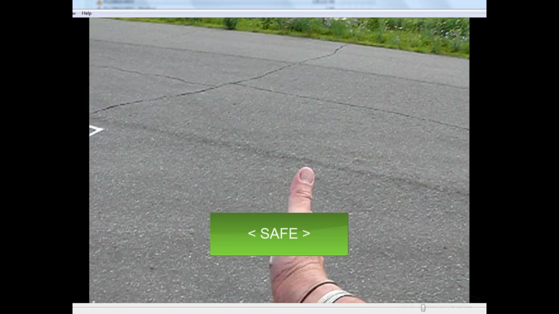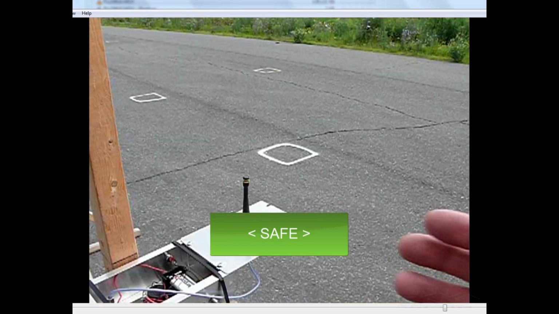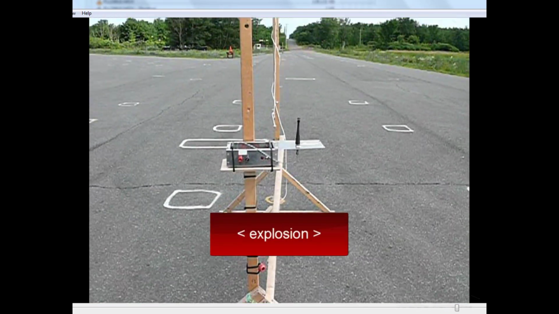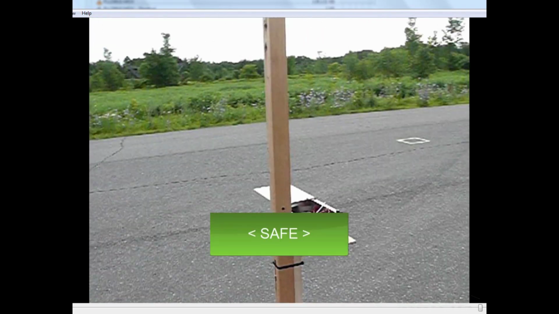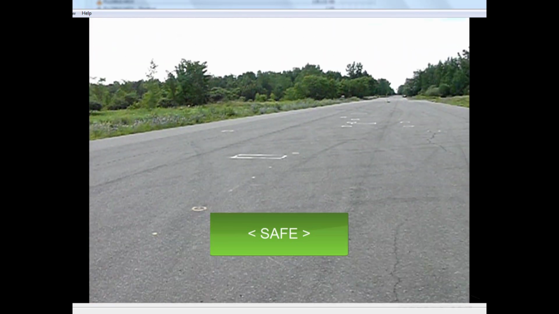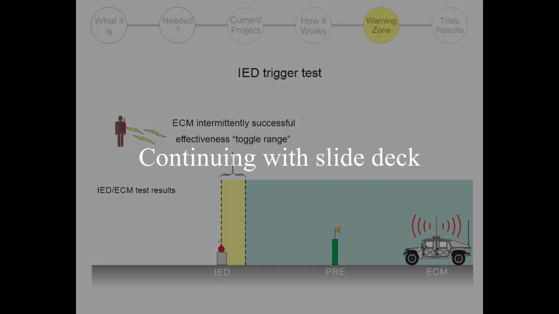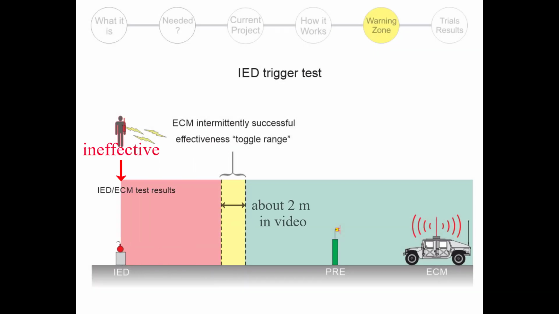Should do, was doing it. Well, not in this case. That was a 2 meter change, and we have no breakthrough now. And if we go any farther, the trigger signal gets through all the time, always. So there we have in one experiment defined the safe transition region and the unsafe region.